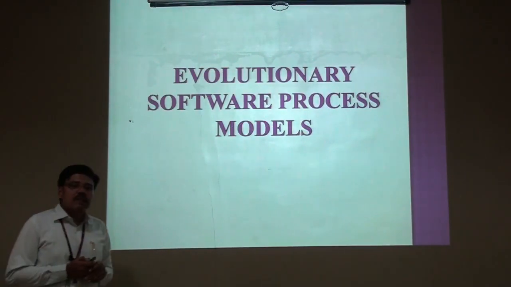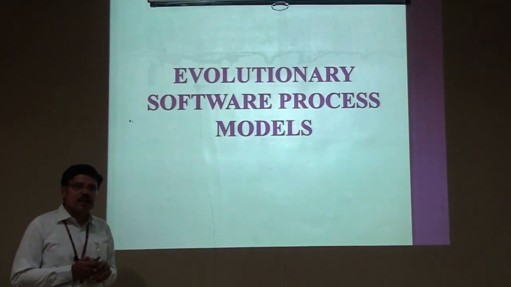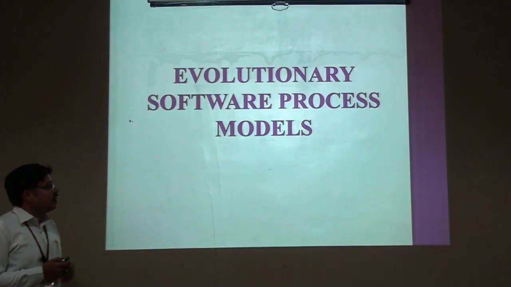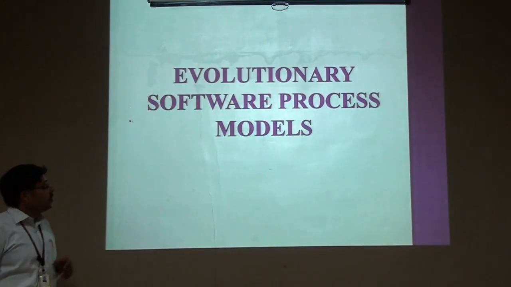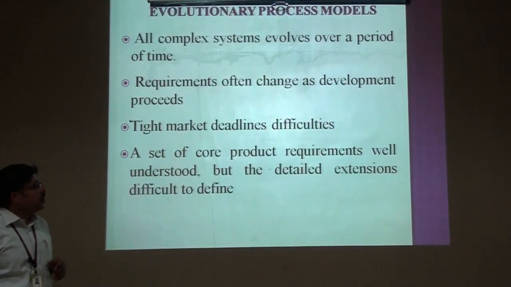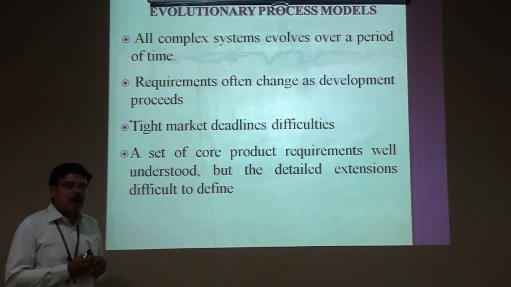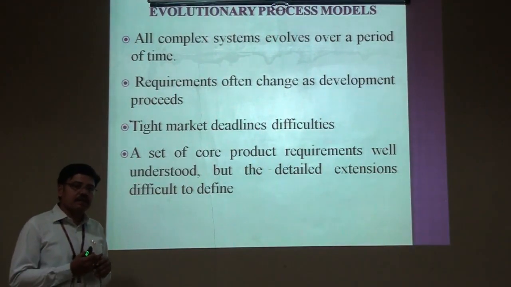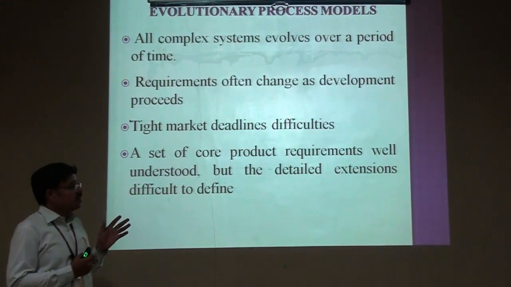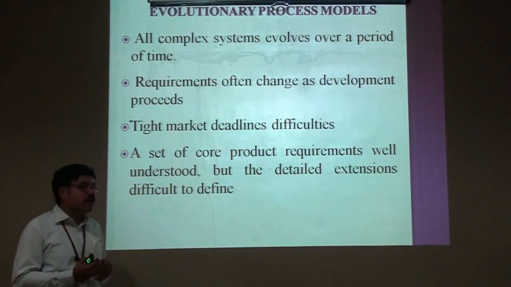So in order to overcome these disadvantages in the RAD model, we are having evolutionary software process models. Evolutionary process models are going to evolve over a period of time. All the complex software processes will be evolved over a period of time. Requirements may often change during the development process.